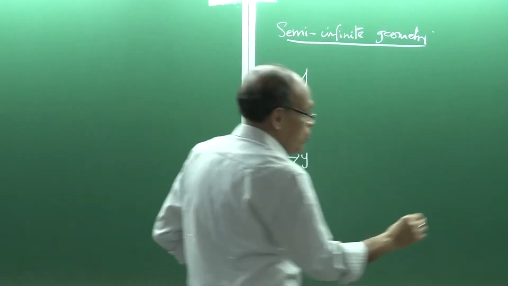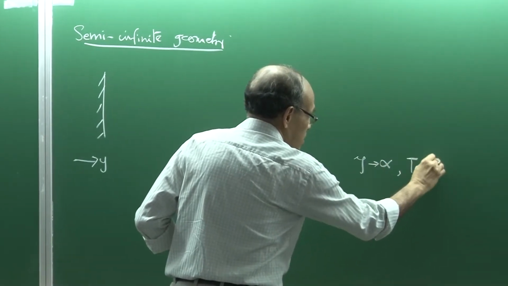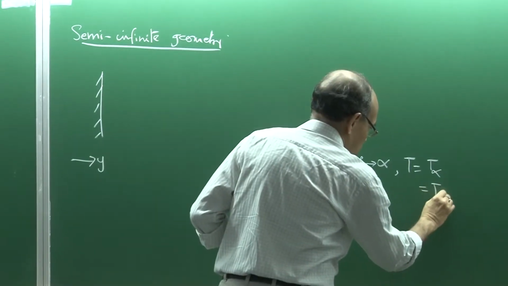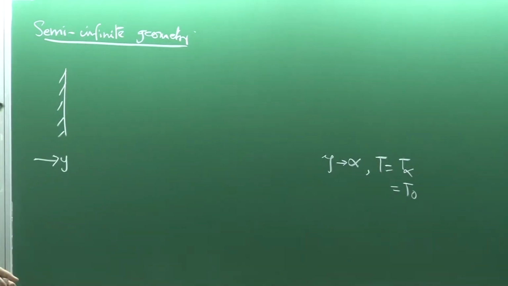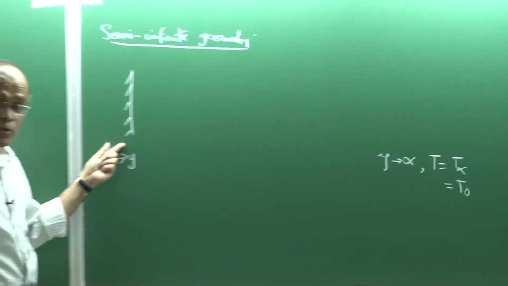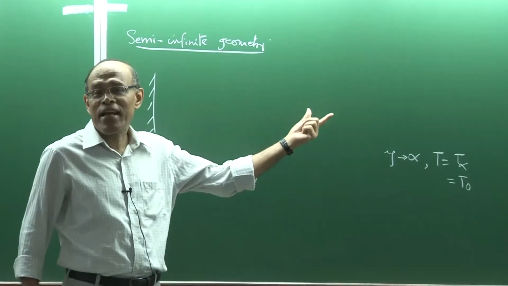So, we have y tending to infinity, and there T is equal to T infinity, or we can say T is equal to T 0, whatever you may decide. I have also introduced to you, and I said that the thickness may not be a physically infinite domain.